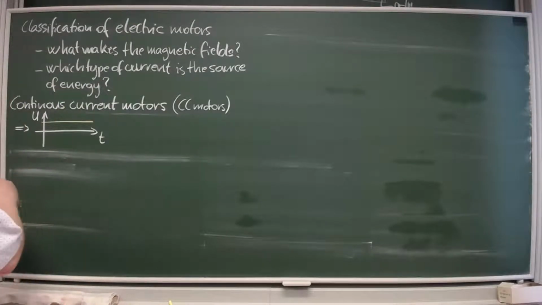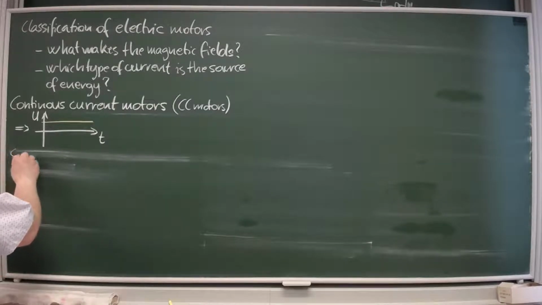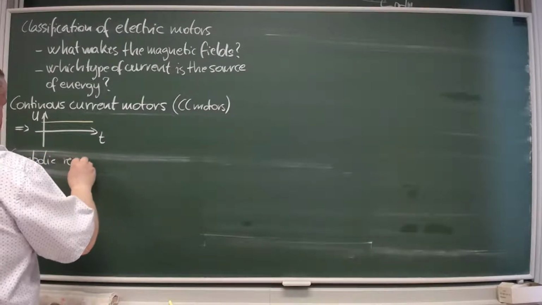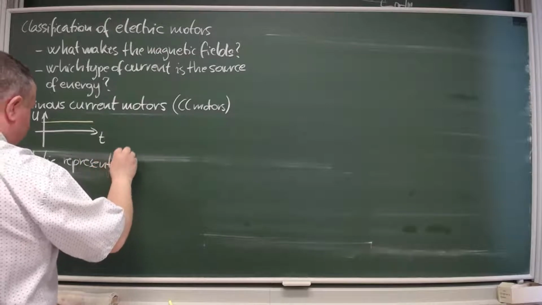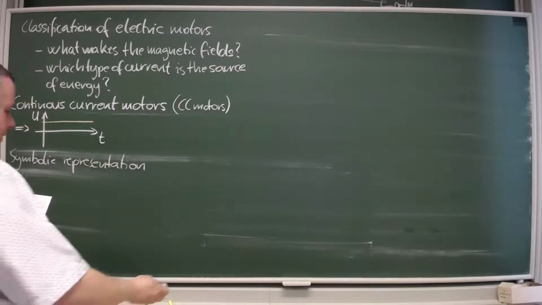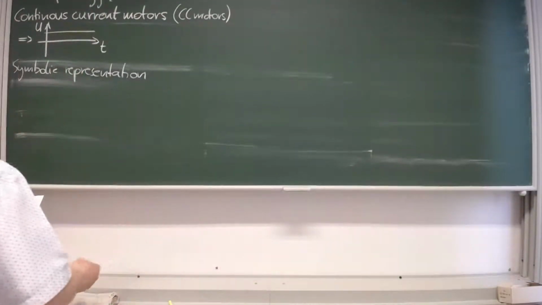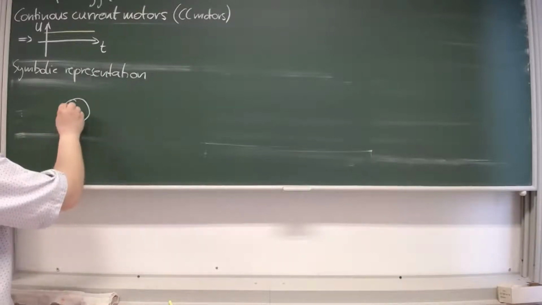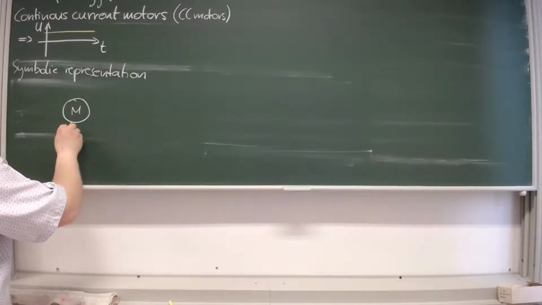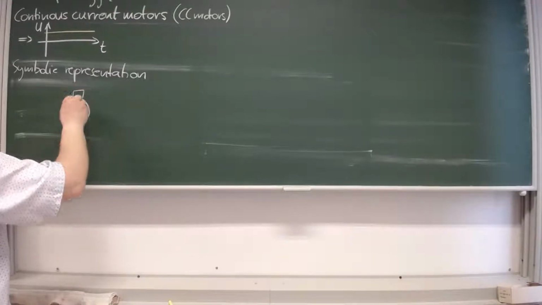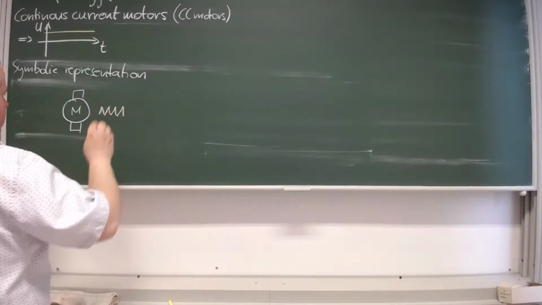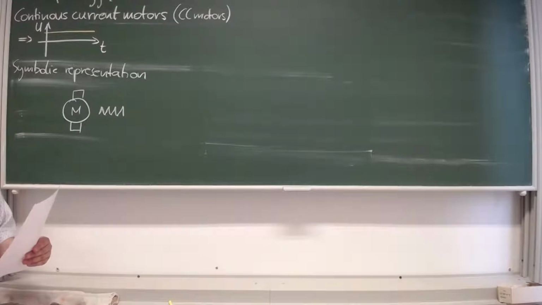Let's see the symbolic representation. The symbolic representation will be the following. You will get a rotor, you will get a brush, not only one, a pair of brushes, and you will get a coil to provide the constant magnetic field.